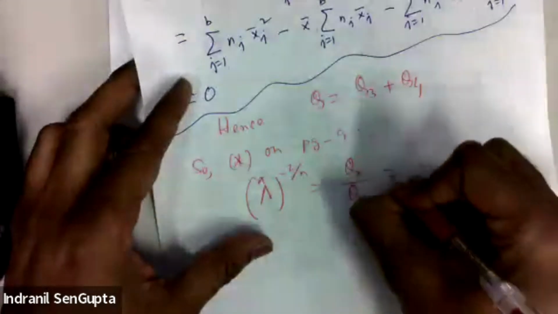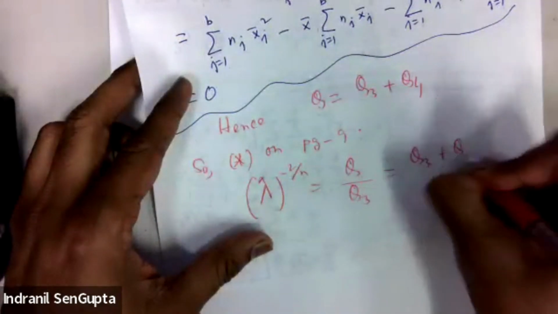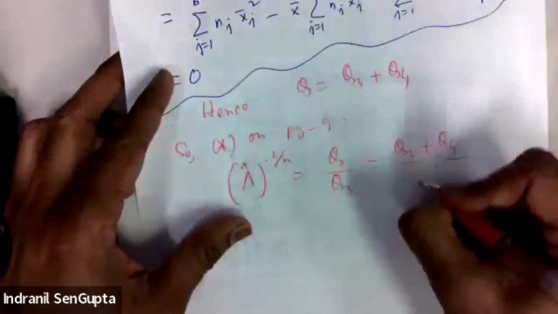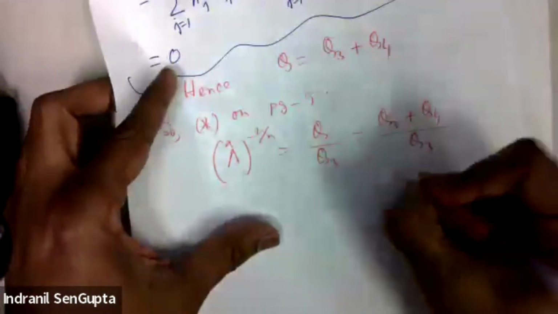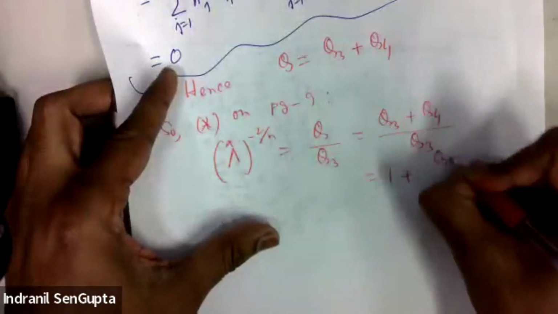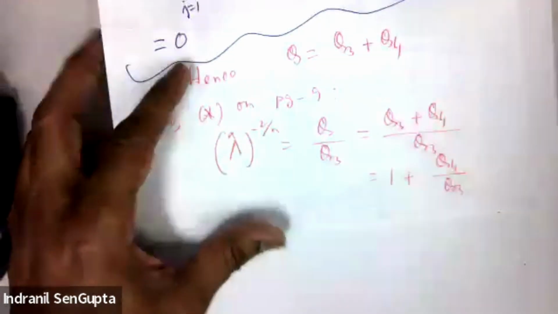And Q, now we have proved, is Q3 plus Q4, over Q3, which is 1 plus Q4 over Q3.